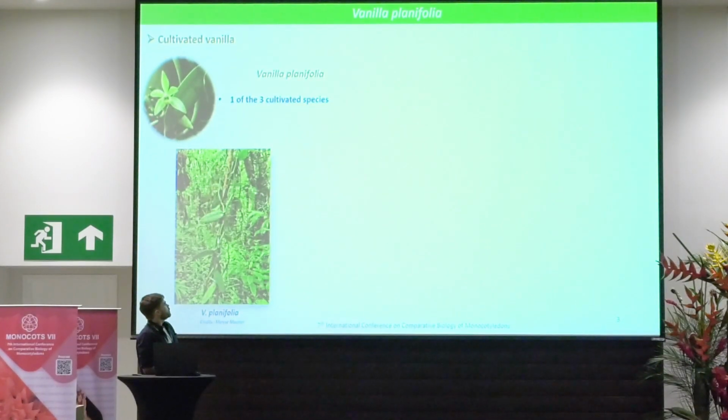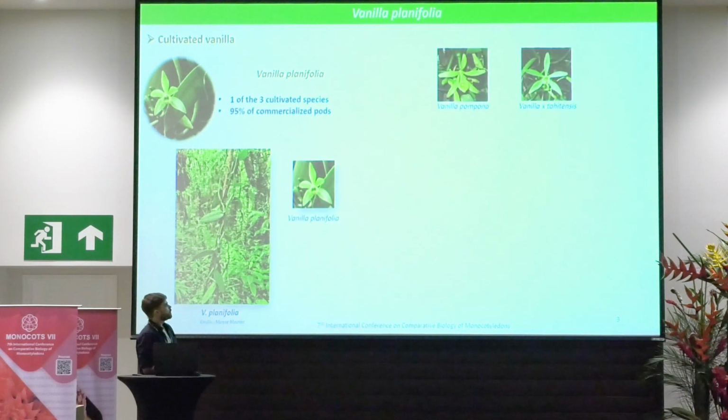When we talk about cultivated vanilla, we mostly talk about three major species, which are Vanilla planifolia, pompona, and tahitensis, with planifolia alone supplying more than 95% of the commercialized pods in the world. So that should be the focus of this talk.